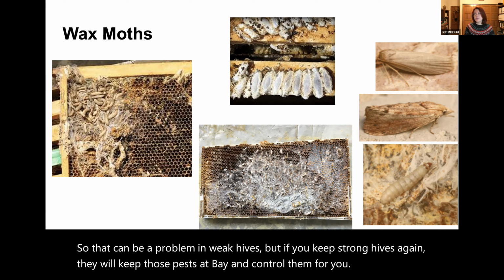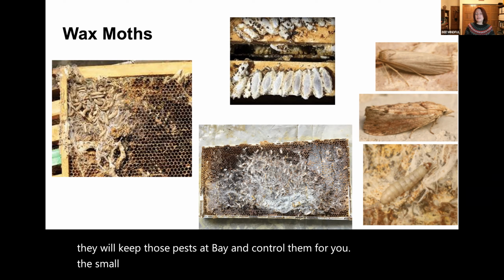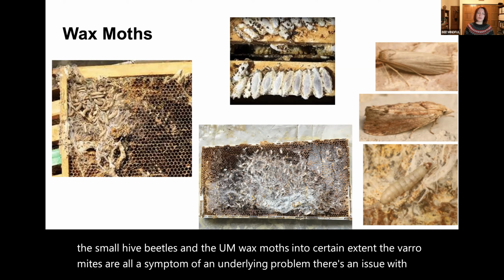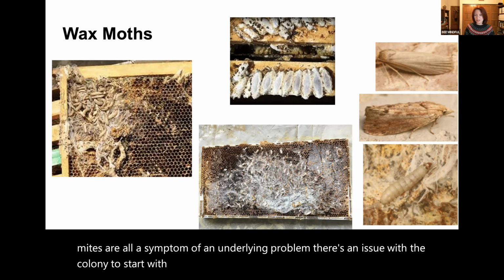The small hive beetles and the wax moths, and to a certain extent, the Varroa mites, are all a symptom of an underlying problem. There's an issue with the colony to start with. It's usually because it's weak and unable to defend itself and take care of itself.